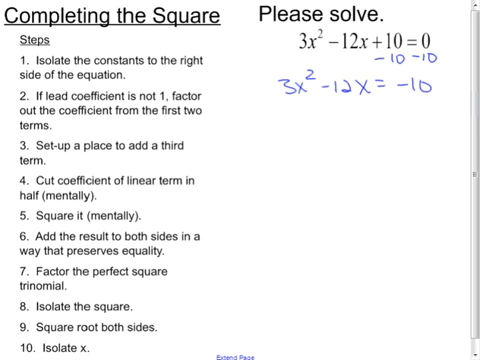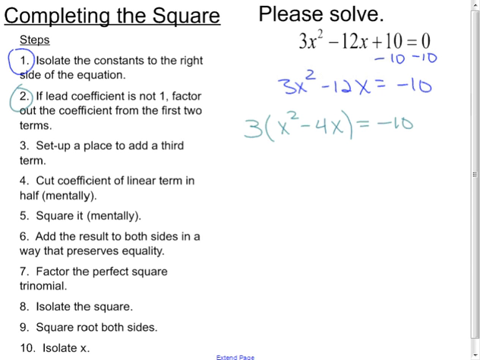So I will do this step. Factor out the coefficient from the first two terms. So I'm going to factor out the 3, not the 3x, even though this has a GCF of 3x. I'm just going to factor out the coefficient, which is going to give me 3 times the quantity, x squared, minus 4x equals negative 10.